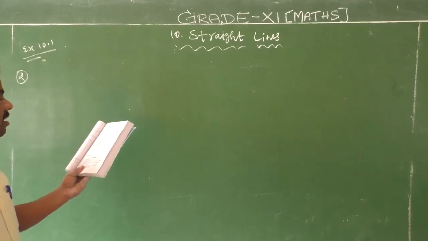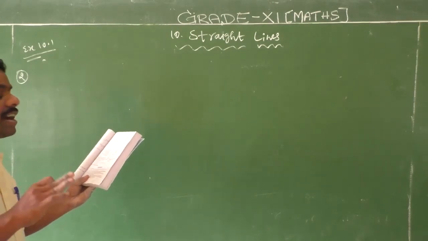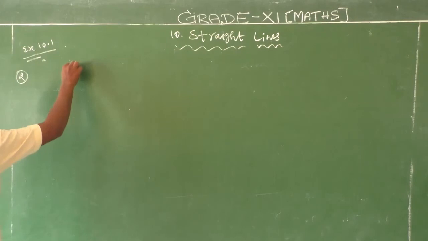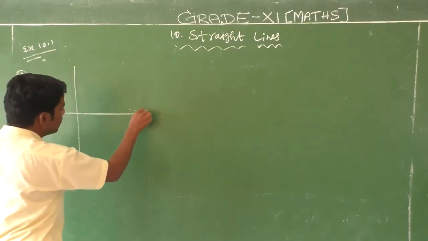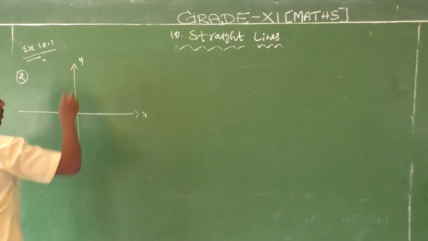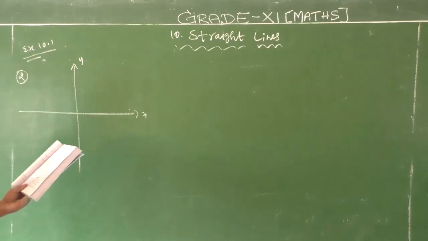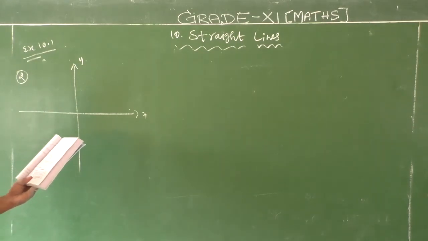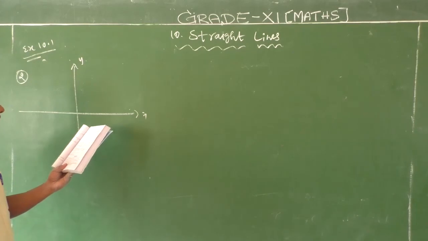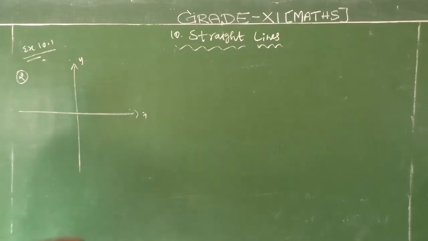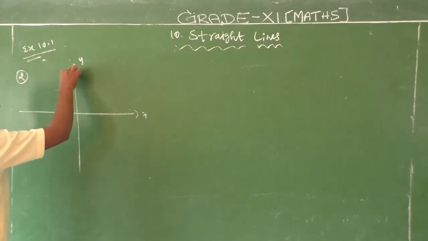So the base of an equilateral triangle with side 2A lies along the y-axis. Draw the diagram. This is x, this is y. The equilateral triangle has side 2A.